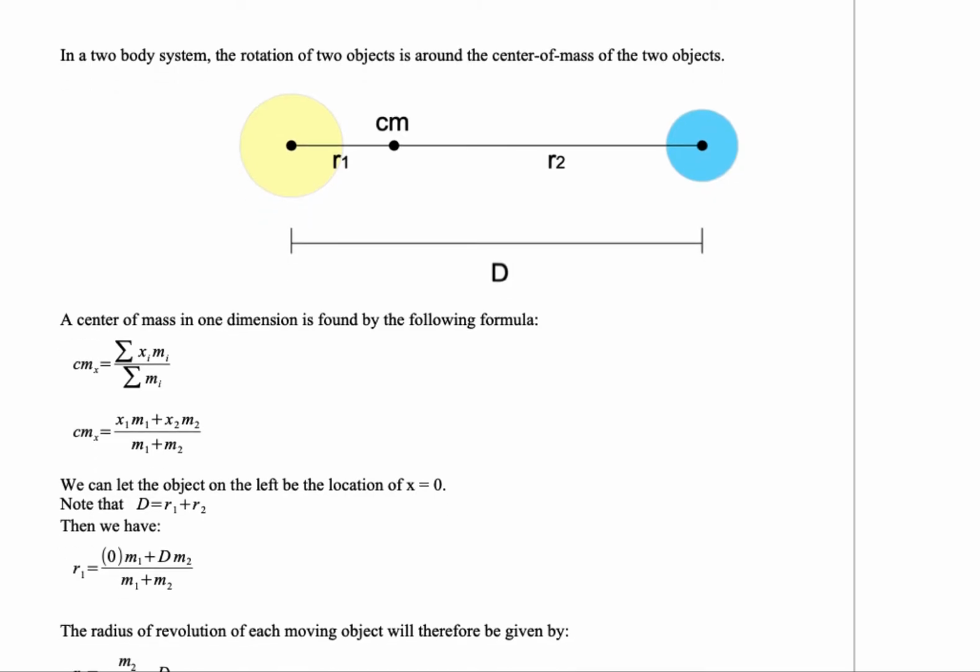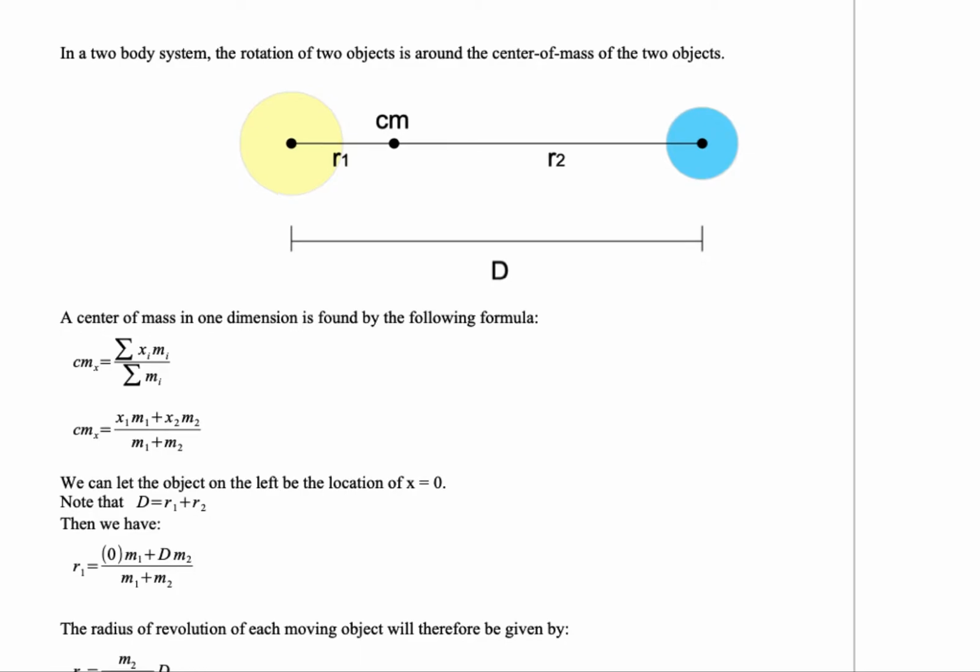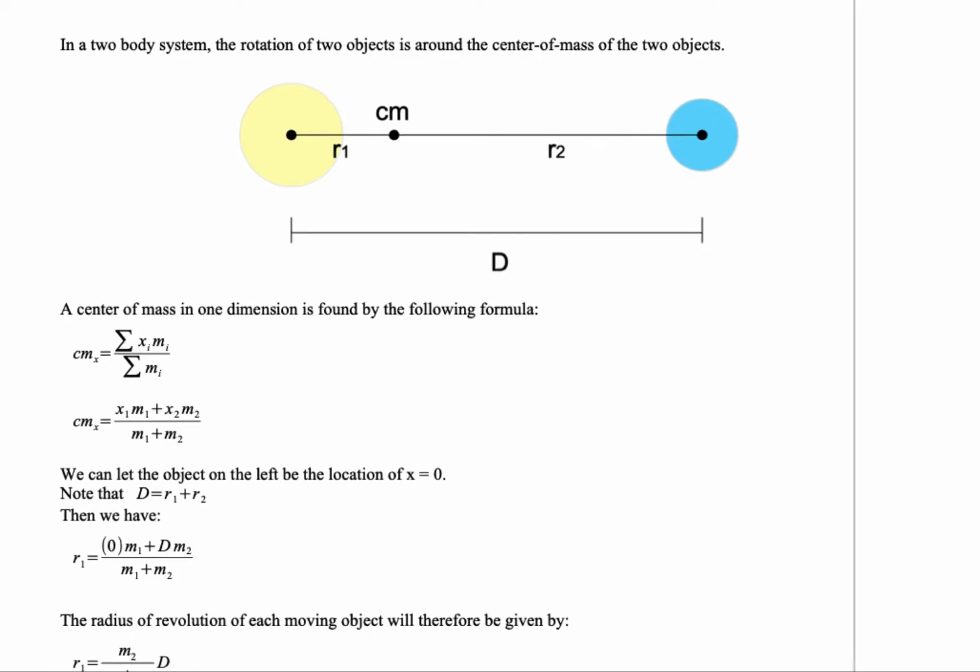However, the star is much more massive than the planet. Many, many times more massive than the planet. So it's reasonable to assume that the center of mass is really close to the star, likely even inside the star.